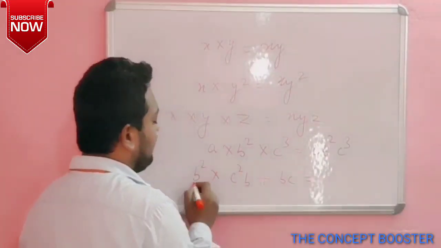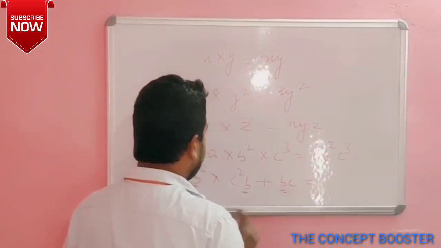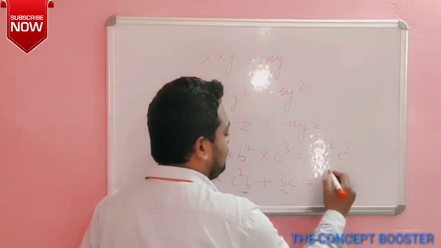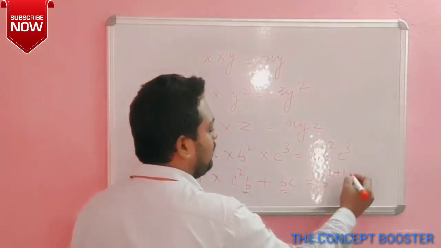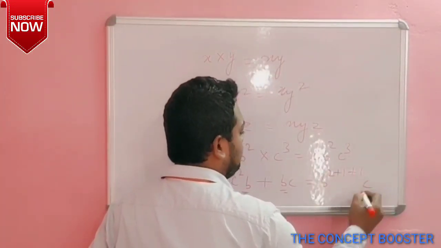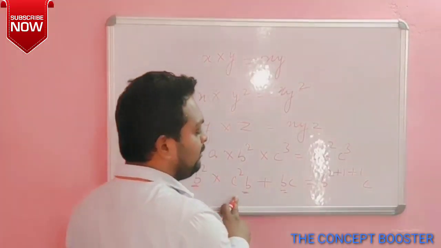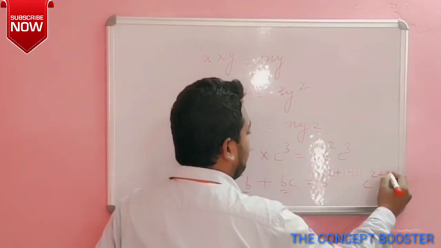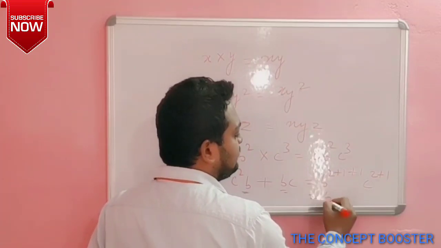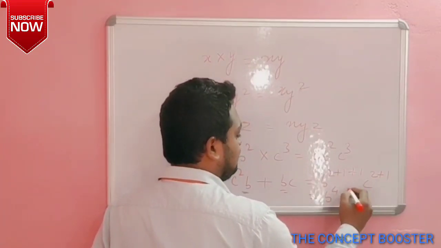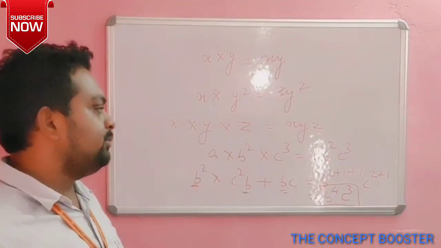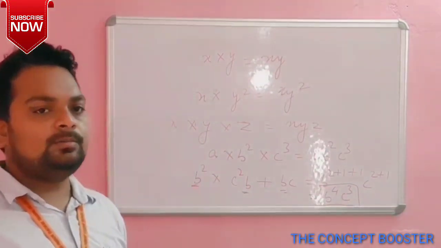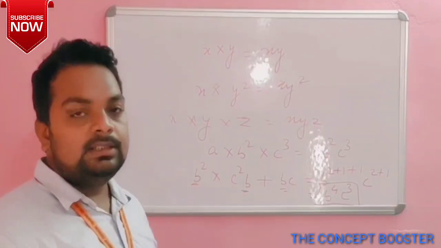Like here we have b and b. This b has a power of 2, this b has a power of 1, so 2 plus 1. For c, here we have powers 2 and 1, so 2 plus 1. So b has a power of 4 and c has a power of 3. So the answer will be b to the power 4 and c to the power 3. So this is the multiplication of algebraic expressions.